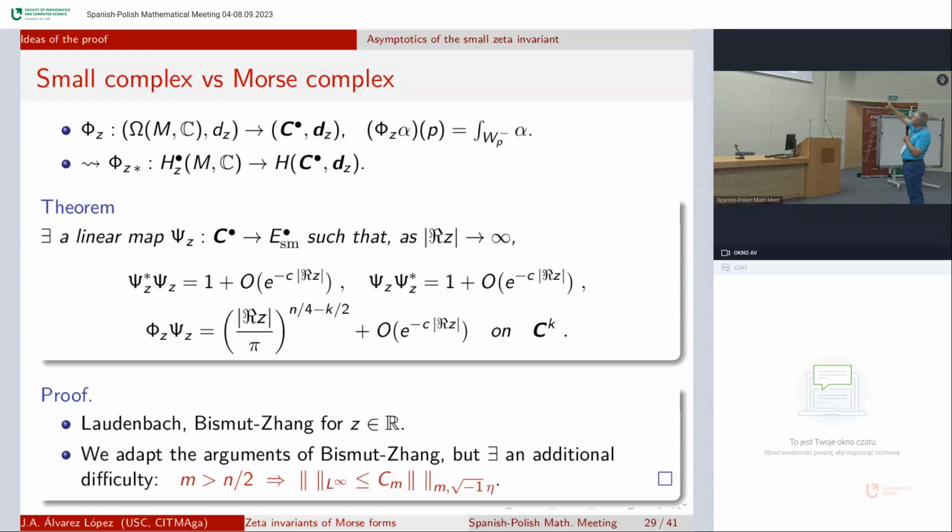The top inequalities mean that this is almost unitary.